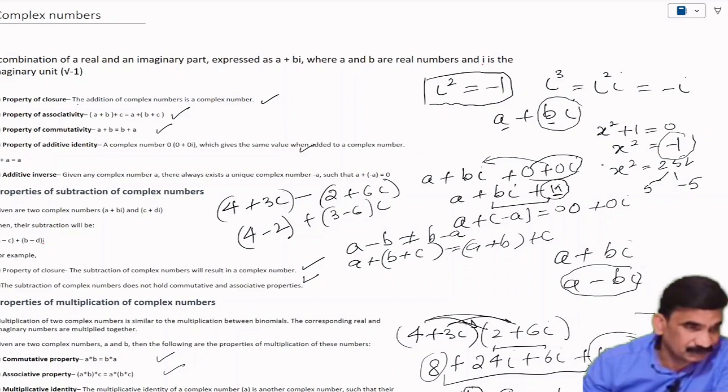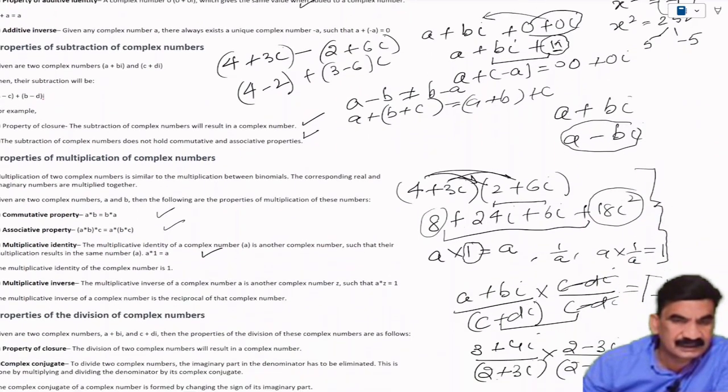You need to know basics, and that when you add two complex numbers, you get a complex number, or associativity, or closure property, or a into b into c is equal to a into b into c. Not very important, but you need to know. What you need to know are two, three things here. One is the additive inverse, multiplicative inverse, and the conjugate.